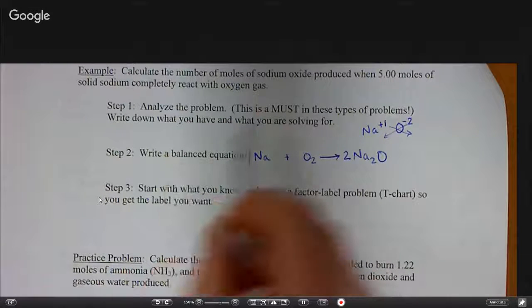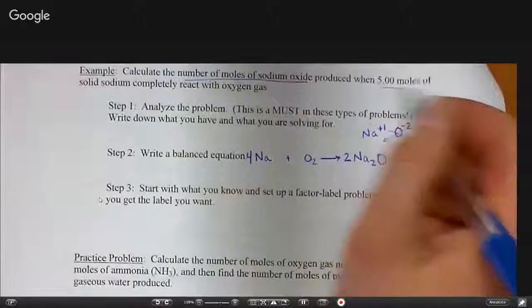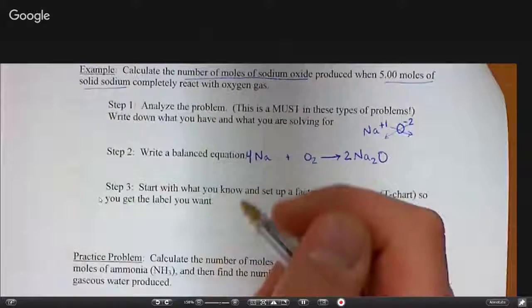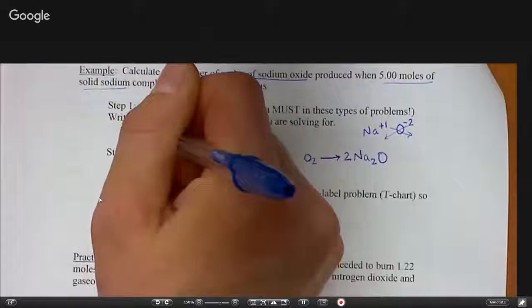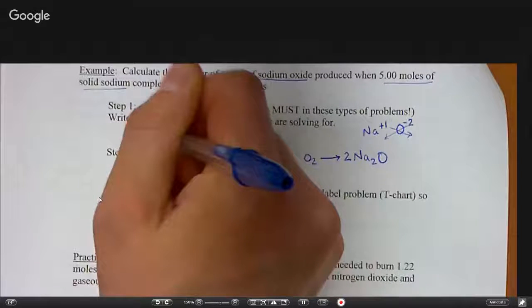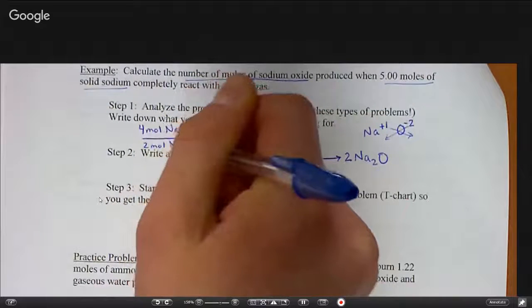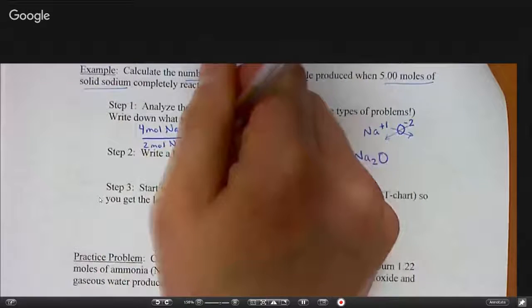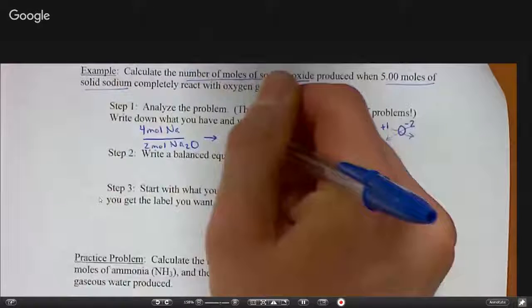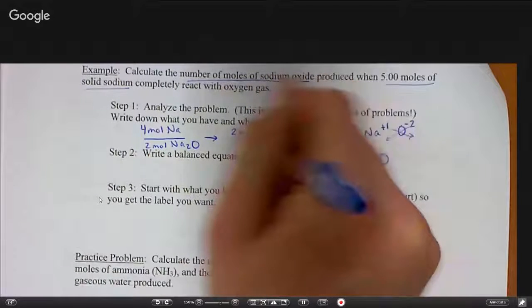Now, we want to calculate moles of sodium oxide from 5 moles of solid sodium. So the mole ratio we're going to use from the equation, we know we have for every 2 moles of sodium oxide, this can also be rewritten or flipped over as 2 sodium oxide for every 4 moles of sodium.